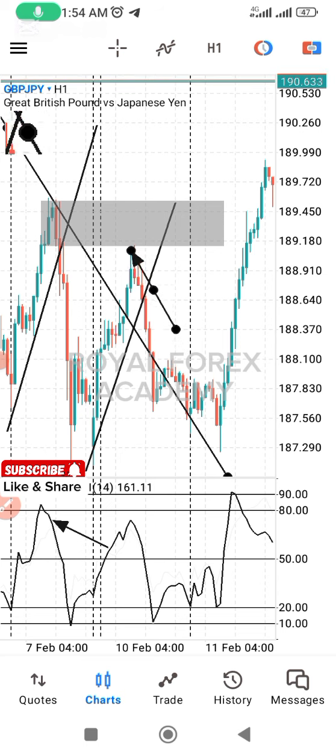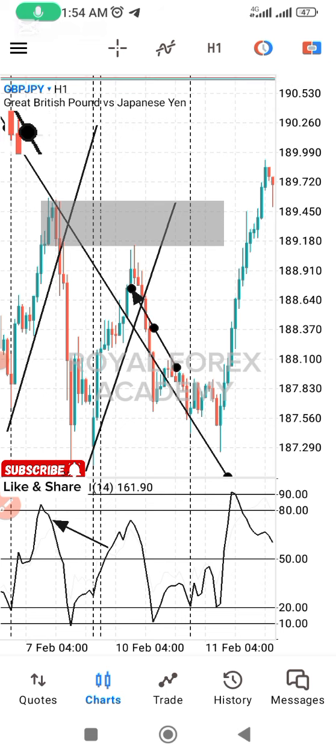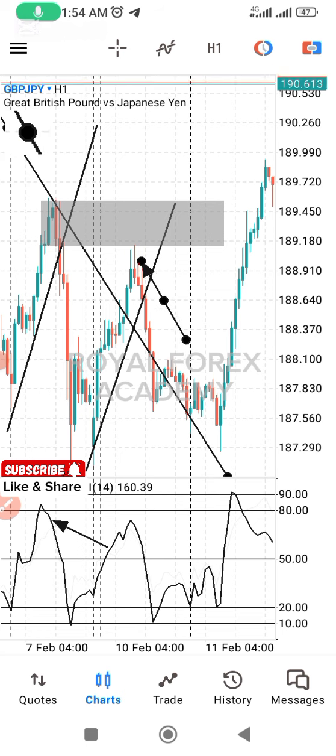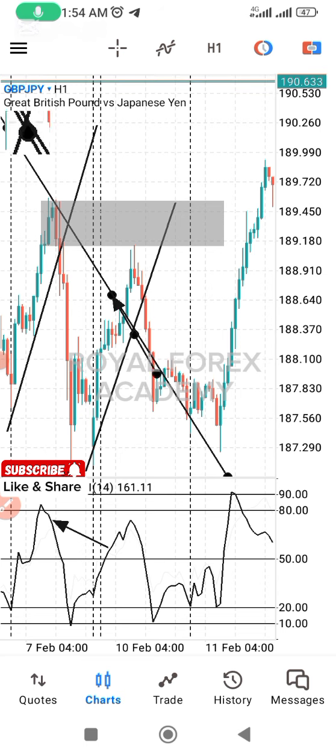It gave us the first rejection, and then after that it gave us this particular bearish pin bar. I call it inverted hammer. And immediately we have this, we will not be in a hurry to make our entry. Why? Because price has break this trend line.